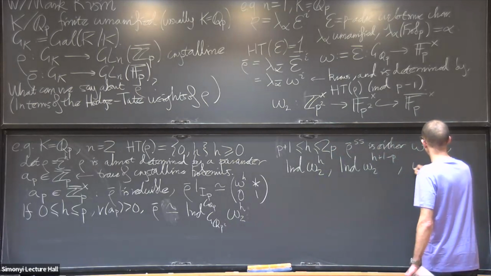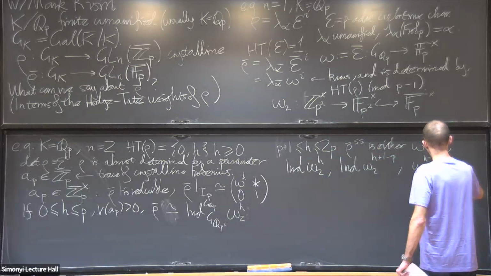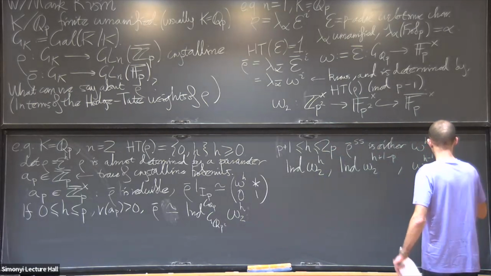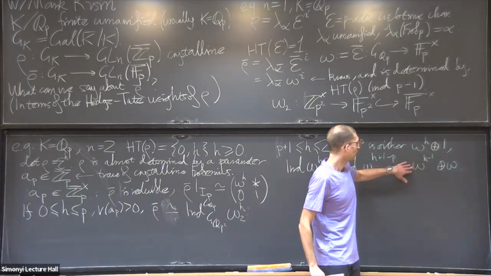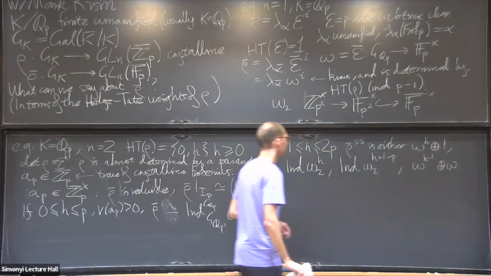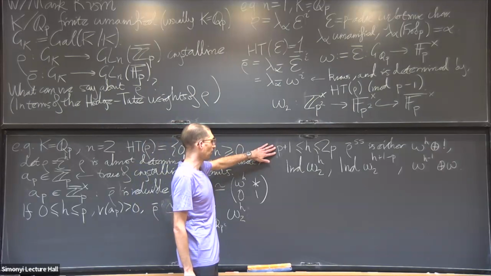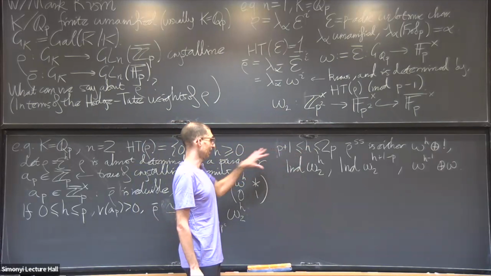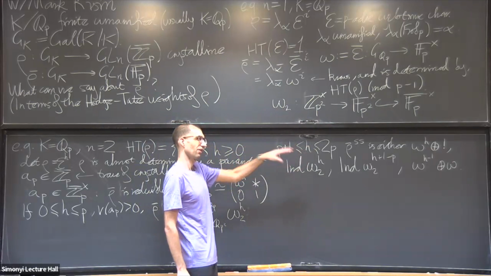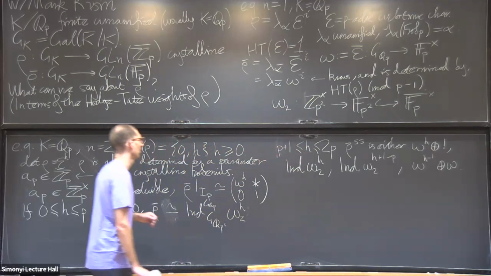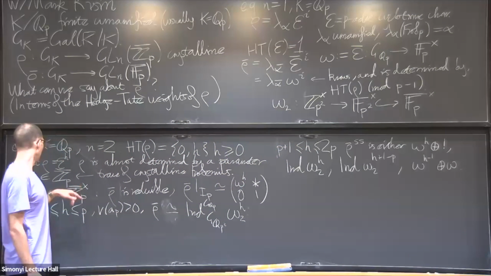Or similarly, there's an example here where I decrease this by 1 and increase this by 1. And in this range, Breuil completely explicitly computed what these reductions are, including the unramified part and everything in terms of this a_p.